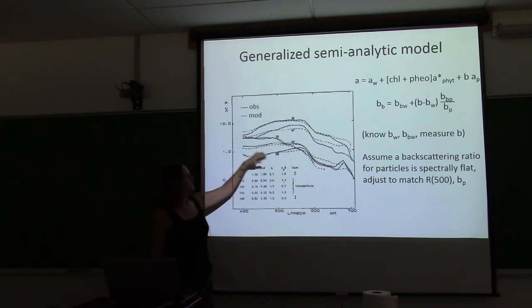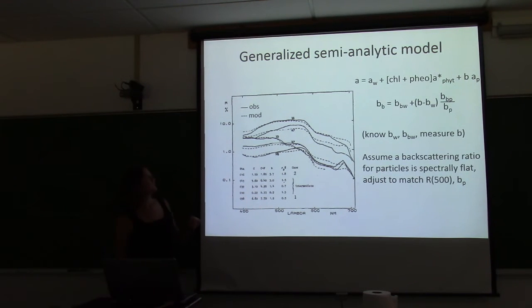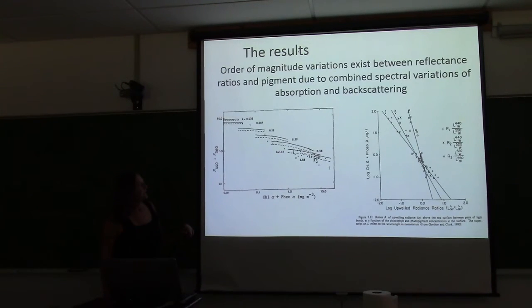But then they allowed the shapes of these to vary analytically. And so it's somewhat empirical and somewhat analytic. And so then what they did is, after going through all of this and getting the IOPs with a model, they try to estimate chlorophyll, which is just crazy to me.